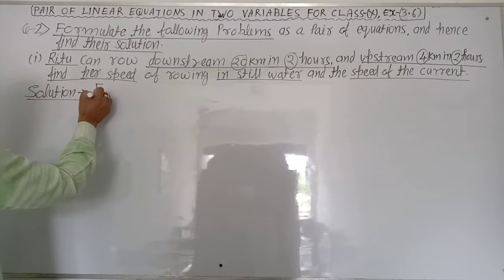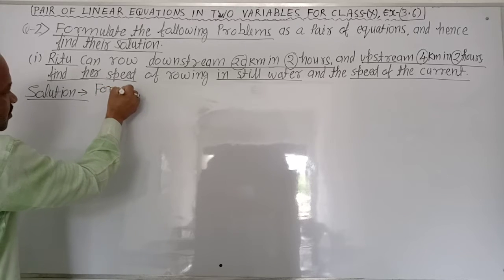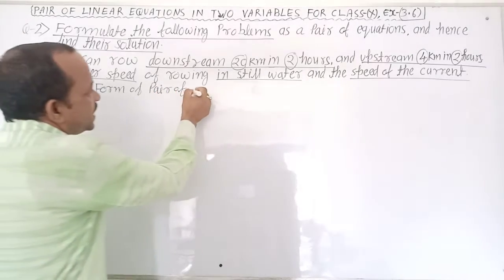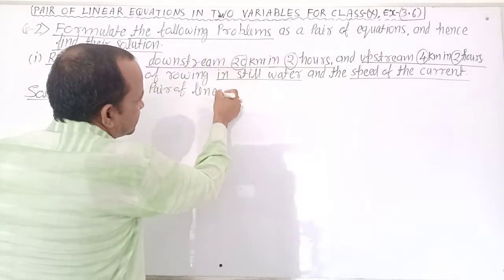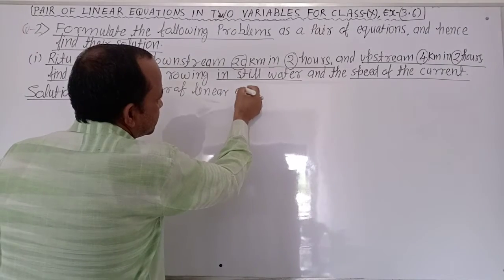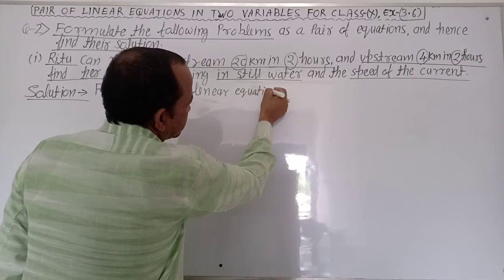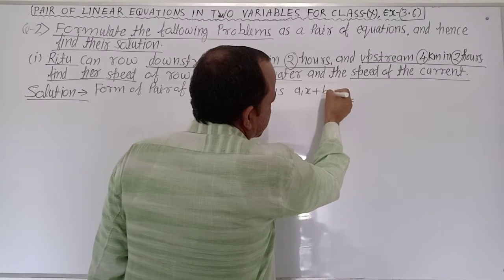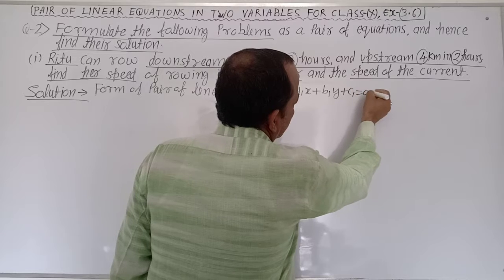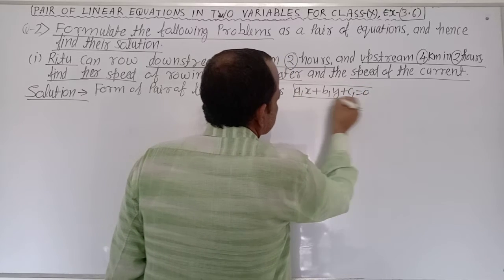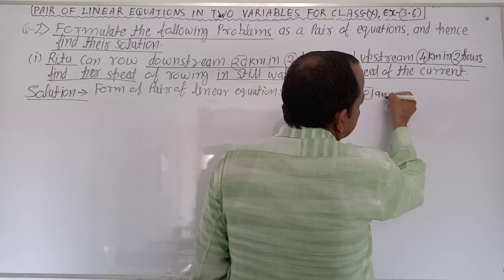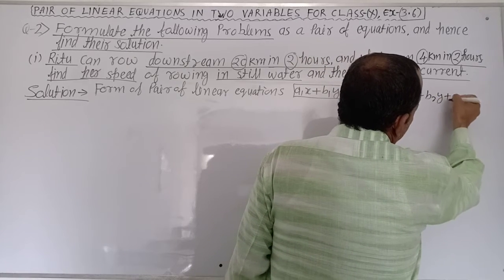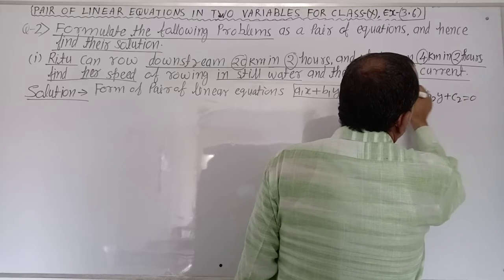Form of pair of linear equations: a1x plus b1y plus c1 equal to 0 and a2x plus b2y plus c2 equal to 0.